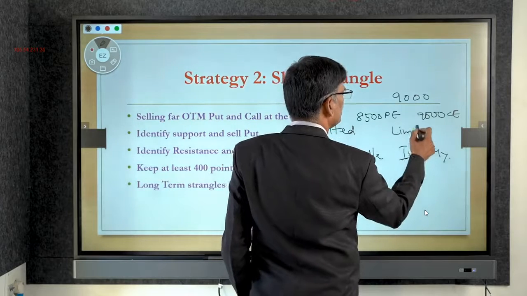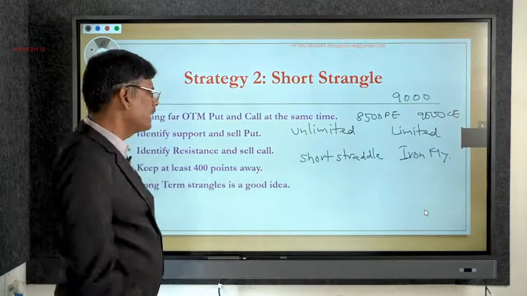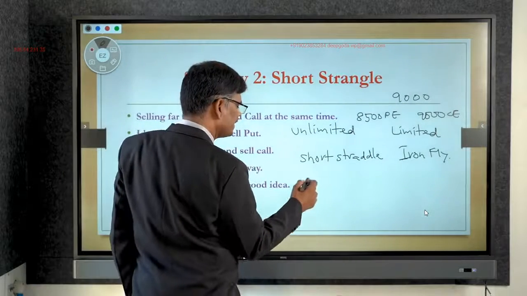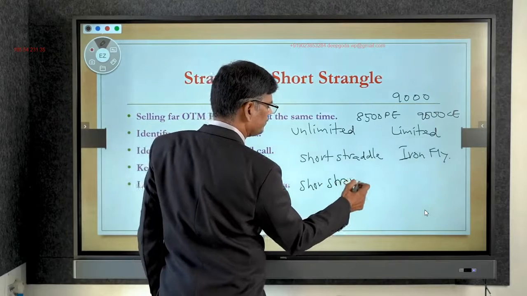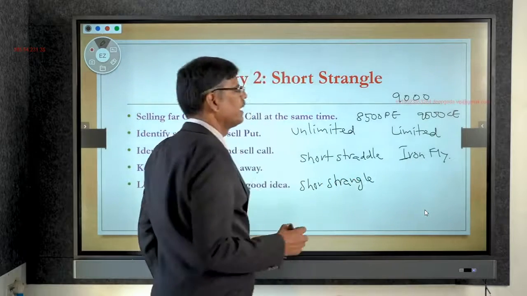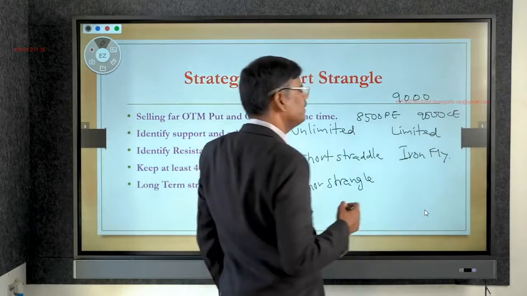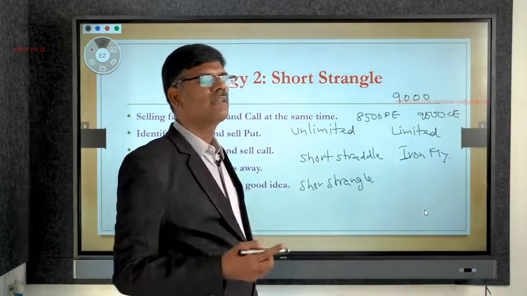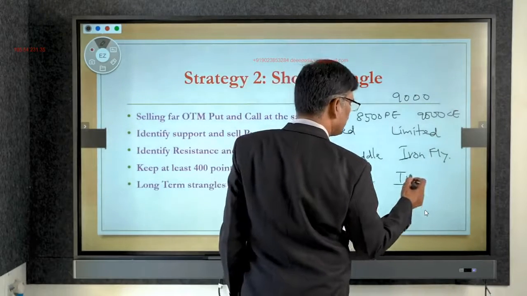That iron fly is a limited risk. So in the same way, now we discussed short strangle, and if you buy one call option and one put option to convert it into a limited risk strategy, that is called iron condor.